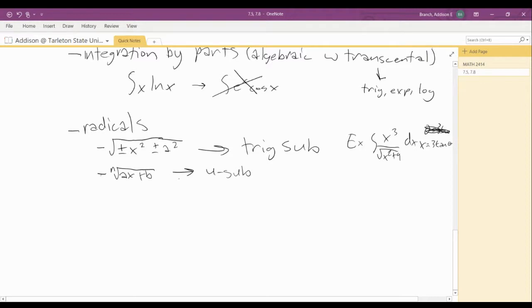In some cases, you can say this whole function is the u sub. In other cases, you can say it's just the part under the radical. It just depends on a case-by-case basis. But for an example of this, since I know we don't see these as often, would be something like cosine of the square root of x dx.